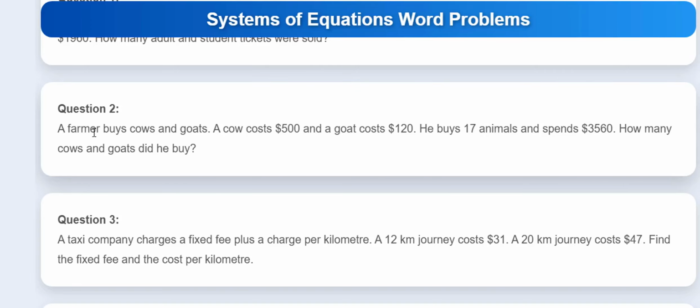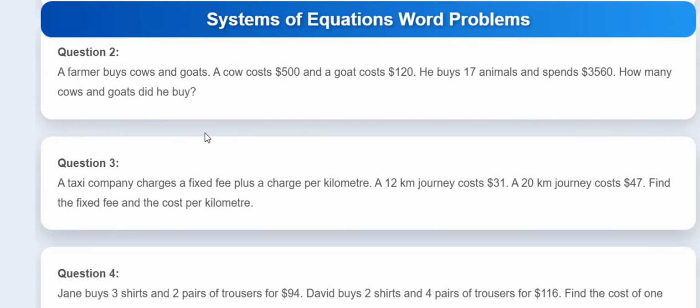You are told in this question 2, a farmer buys cows and goats. So up to there, I already know the farmer buys cows and goats. So I can say, let cows be x and goats be y, like that.